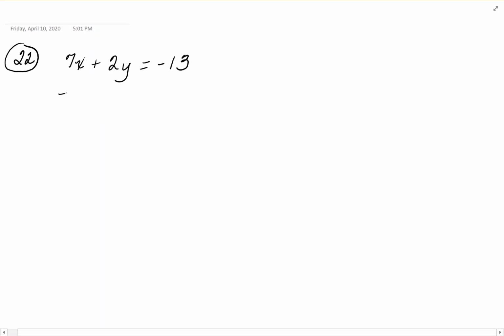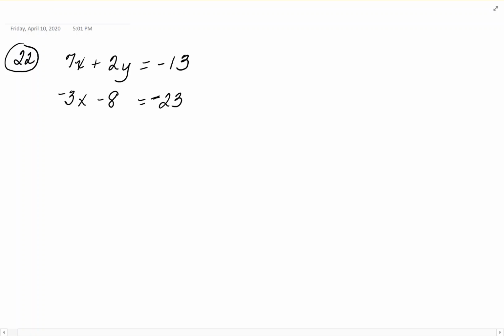Number 22 has 7x plus 2y is negative 13, and negative 3x minus 8y is negative 23.